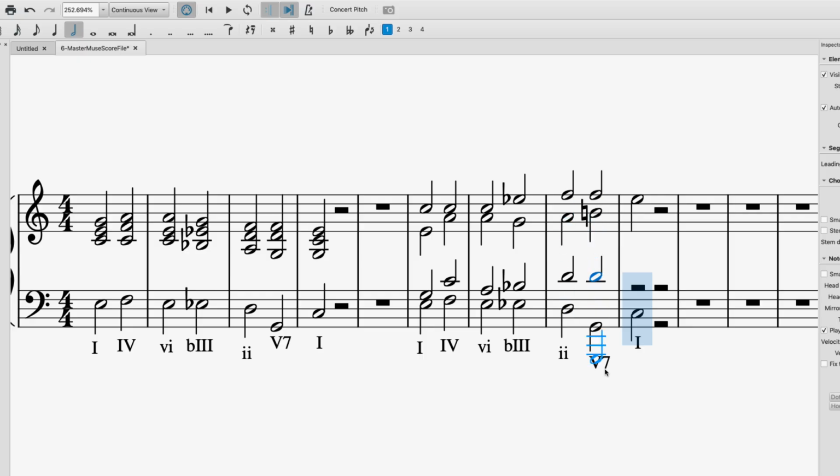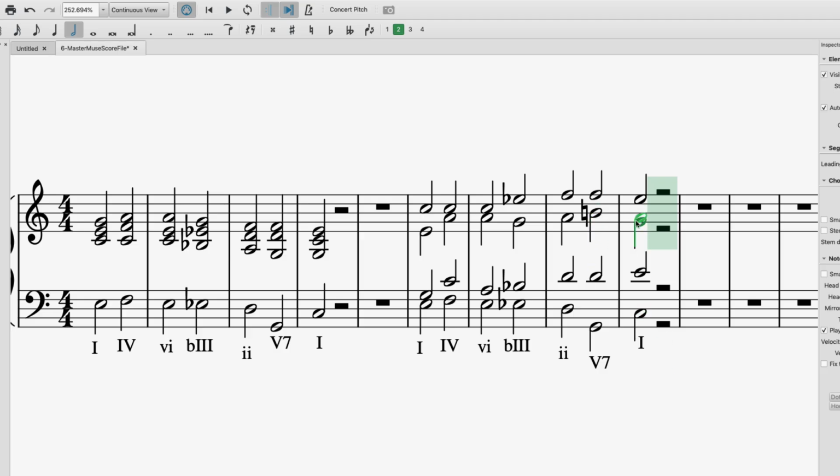Do I have any problems? I don't think so. That D and that F are parallels, but that's a 3rd. That's okay. And then back to 1. C. This could stretch up to that E. C, E. This could go down to the G. And I've doubled my third, but I think we can live with it because our voice leading is rather nice.